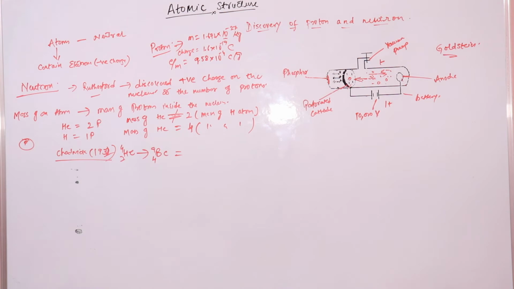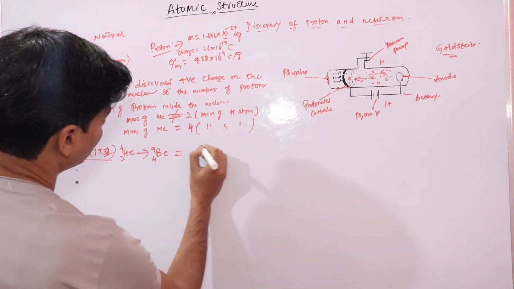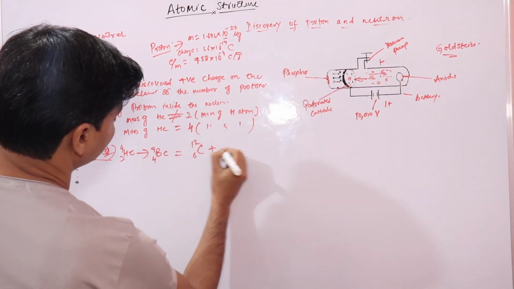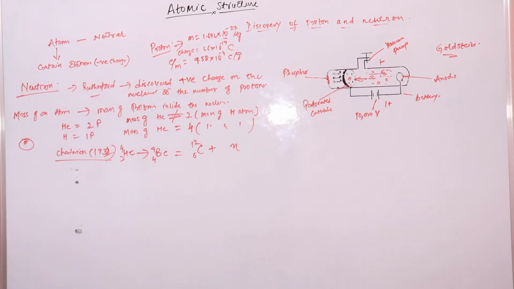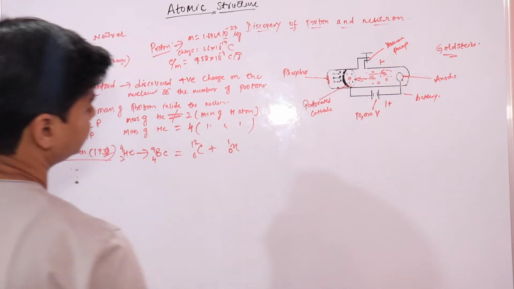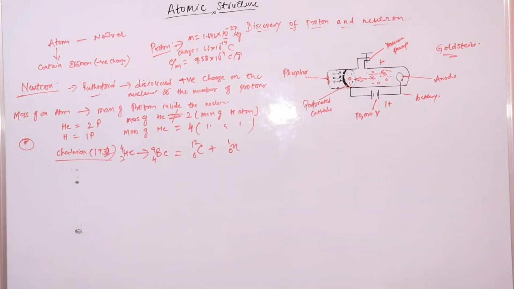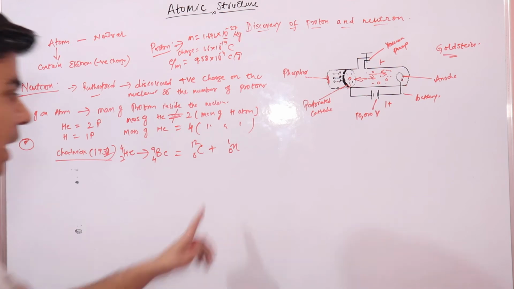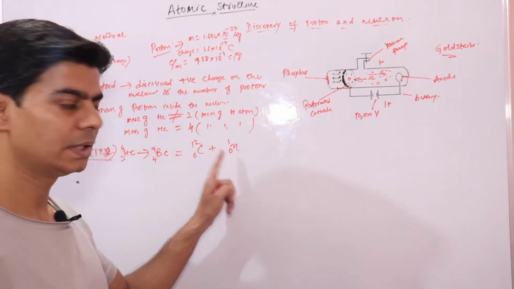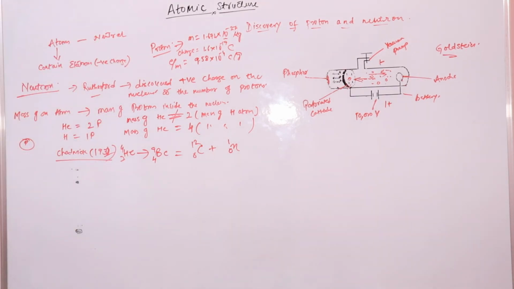When you bombard beryllium with helium, you get carbon 12 6 plus a neutron. These are some particles; at this time the name was not given to them. This is 0 and 1, which means it has some mass, but it does not carry any charge with it.